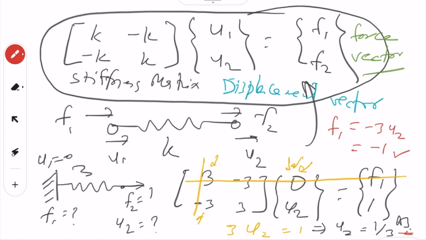So the value of F1 is minus 1 units, the magnitude is 1, and the direction is opposite, in the negative x direction. We found the value of F1 and the value of U2, so we have already solved the first problem using the finite element method.